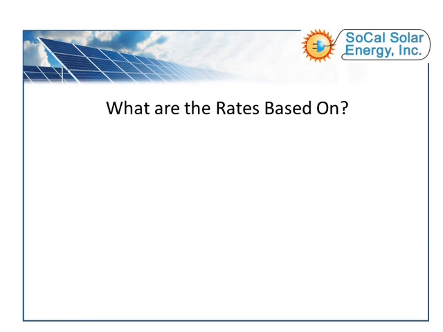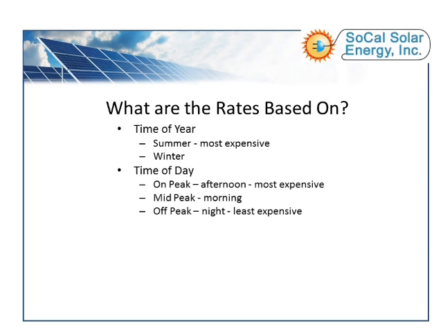What are the rates based on? Time of year is either summer or winter. Summer rates are higher than winter rates. For time of day, there is an on-peak, a mid-peak, and an off-peak. On-peak is in the afternoon and is the most expensive. Rates are based on day of the week, which would be weekdays, weekends, or holidays.